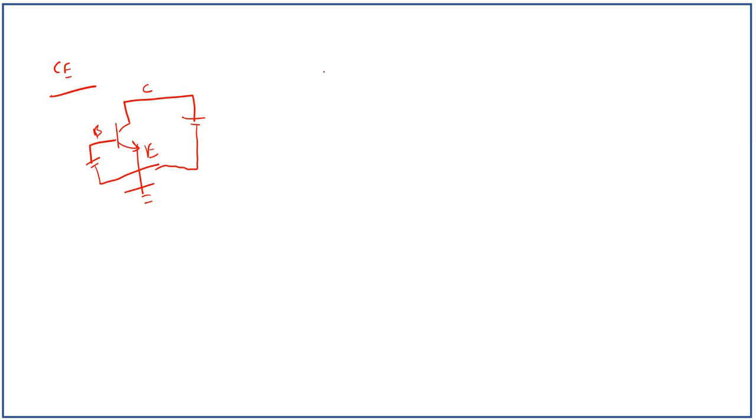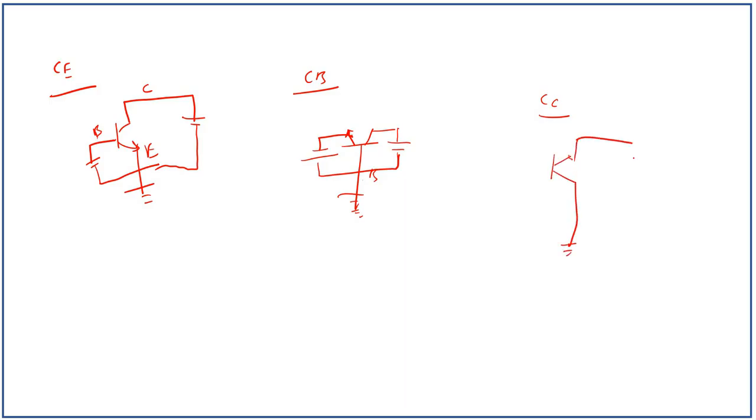In common base configuration, the base is grounded, input is emitter and output is collector. In common collector configuration, the collector is grounded, output is in emitter and input is base. In all the places we have IB, IE and IC. The emitter base junction is forward biased and the collector base junction is reverse biased.